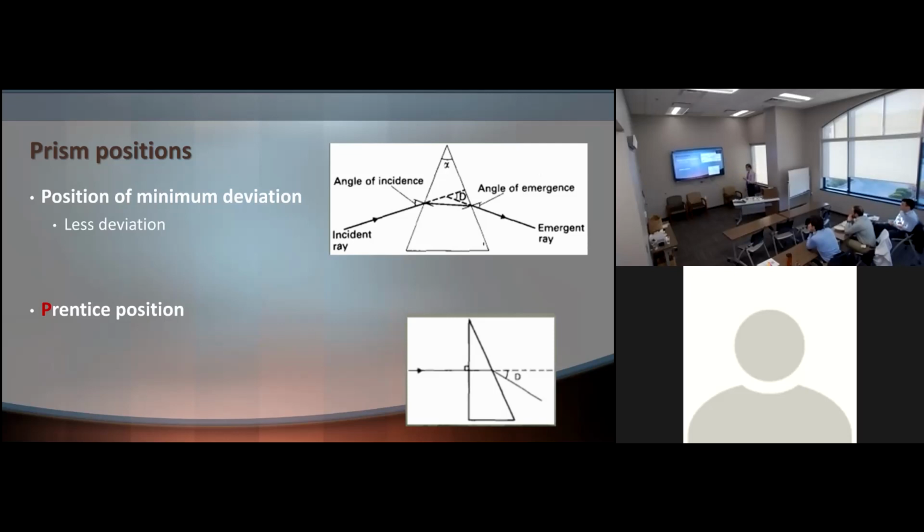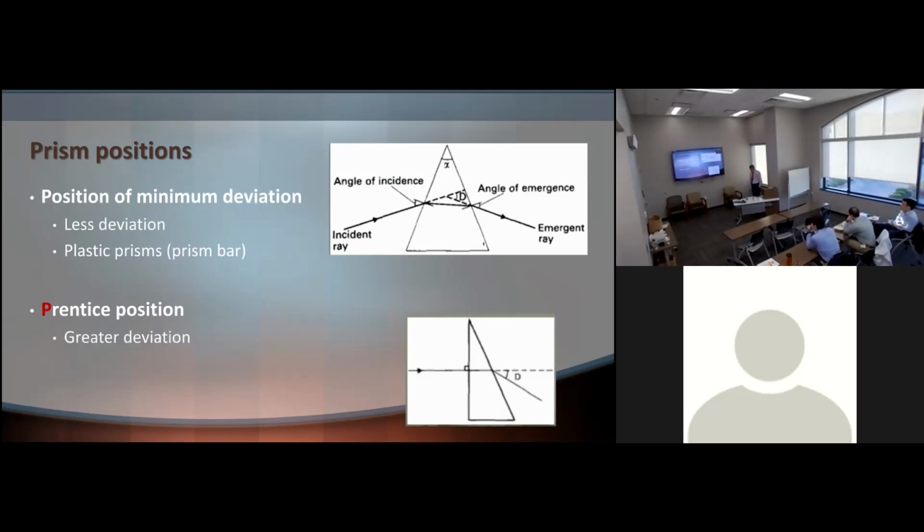So as you can imagine, the position of minimum deviation has less deviation that has taken place in the prism. It is used for calibration of prism bars and the loose prisms that you have in your hands, for plastic prisms.